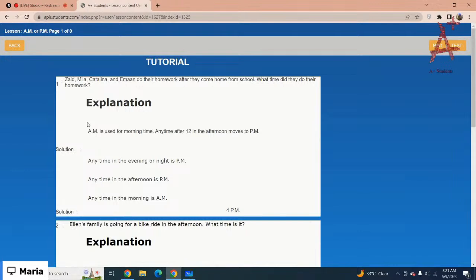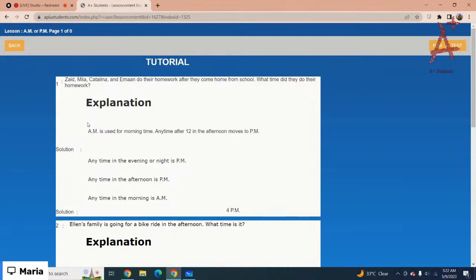Whenever you have to write down the time after 12, it would be PM. Got it? Anytime in the evening or night is PM. Anytime in the afternoon is PM. So anytime in the morning is AM. Got it? Let's just look at the question.